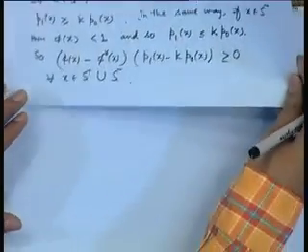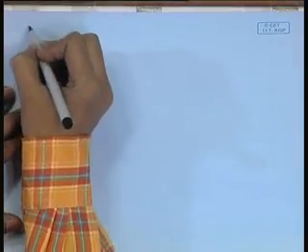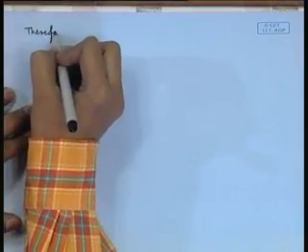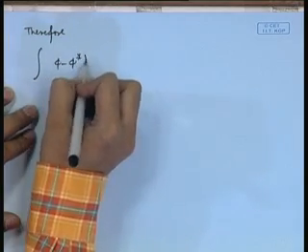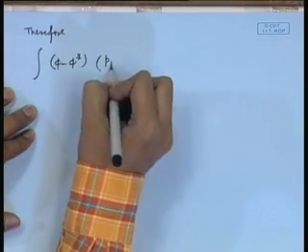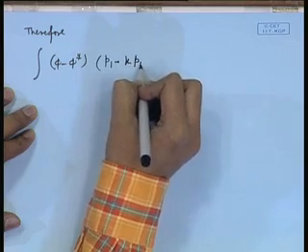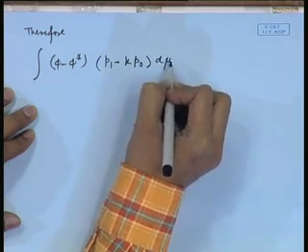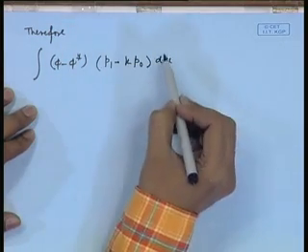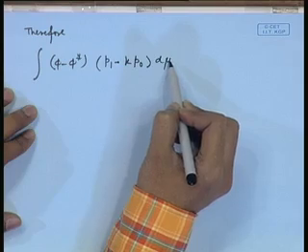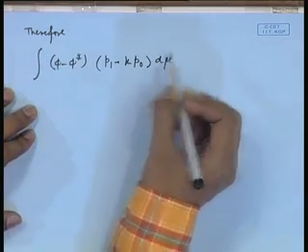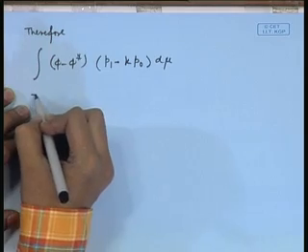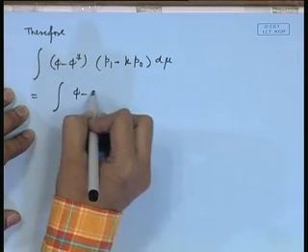Now let us use this. If we consider the integral of phi minus phi star into p1 minus k p naught d mu, this is a generalized term, that means if we are dealing with the discrete distribution, this will be summation, otherwise it is an integral. So this integral will be equal to the integral over the region S plus union S minus.